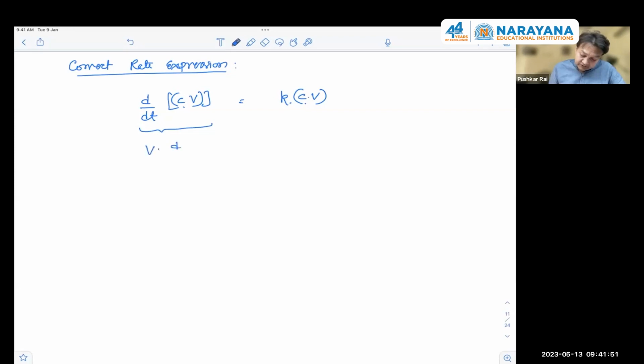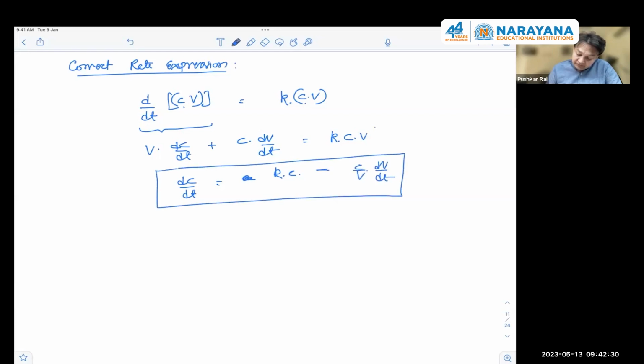V times dC by dt plus C times dV by dt is equal to k times C into V. So if you take it, dC by dt is equal to, V cancels out, kC minus (C by V) dV by dt. This is how concentration is going to vary.